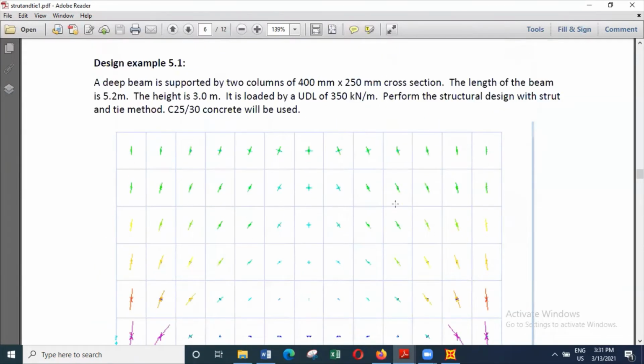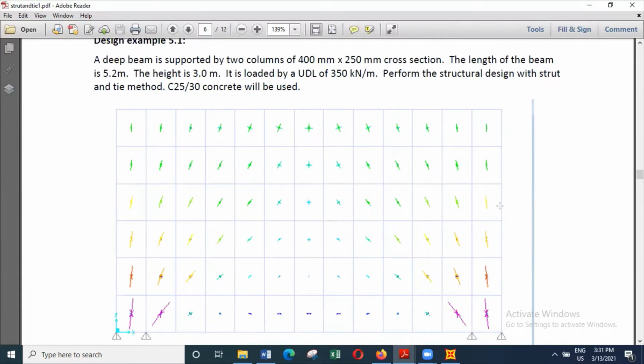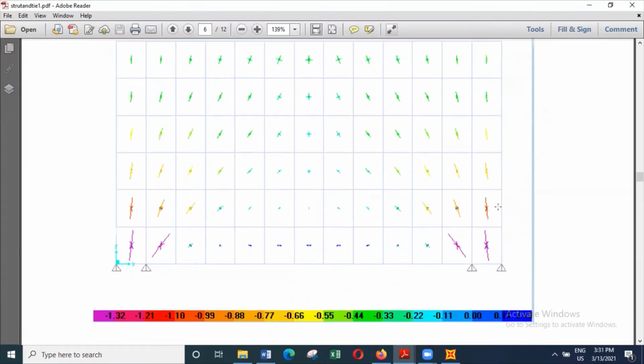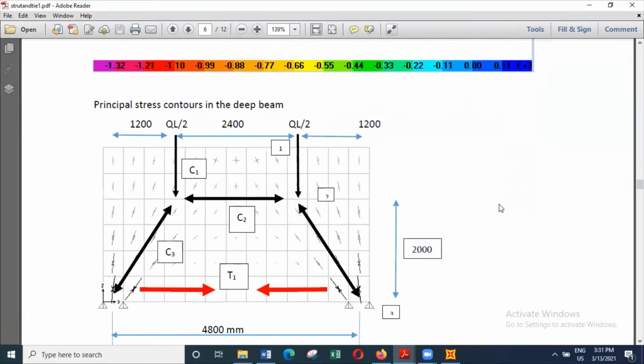So we are going to say the beam that is subjected to a UDL, having a height of 3 meters, length of 5.2 meters, supported on 400 by 400 millimeter long supports, can be considered as equivalent to this particular Strut and Tie model. Any questions on this?